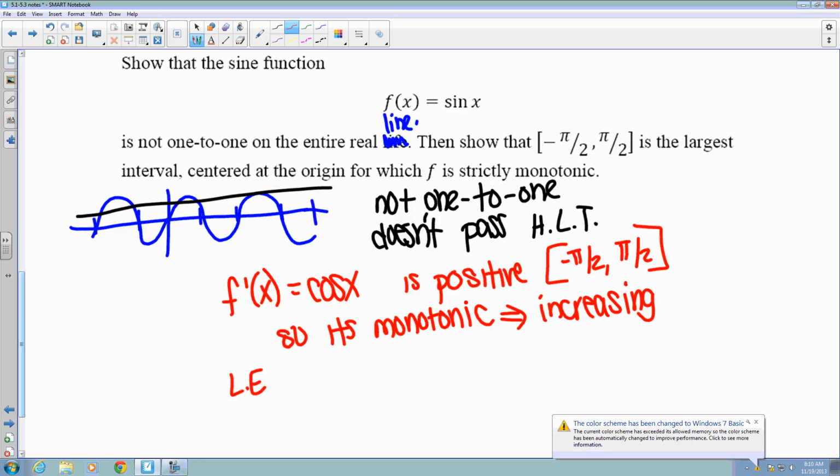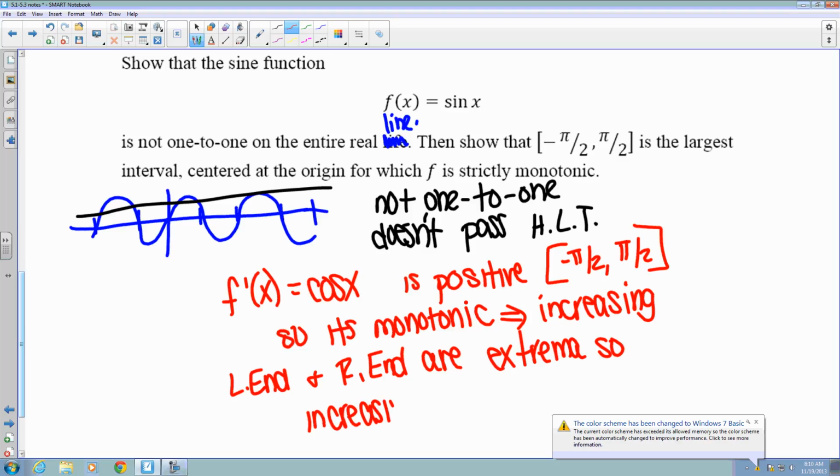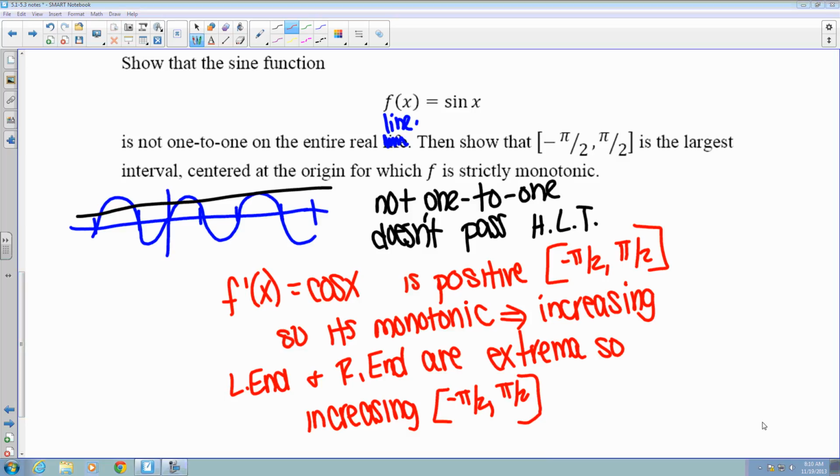The left endpoint and the right endpoint are extrema. There aren't any other ones in the middle. So we know we're increasing from negative pi over 2 to positive pi over 2 the whole time. Okay.